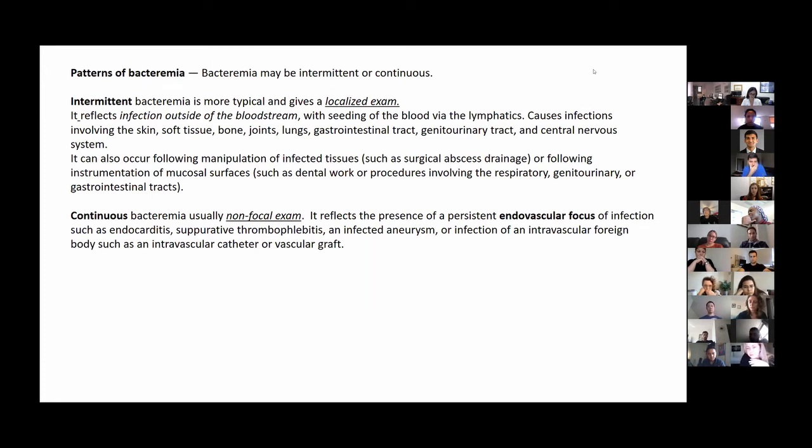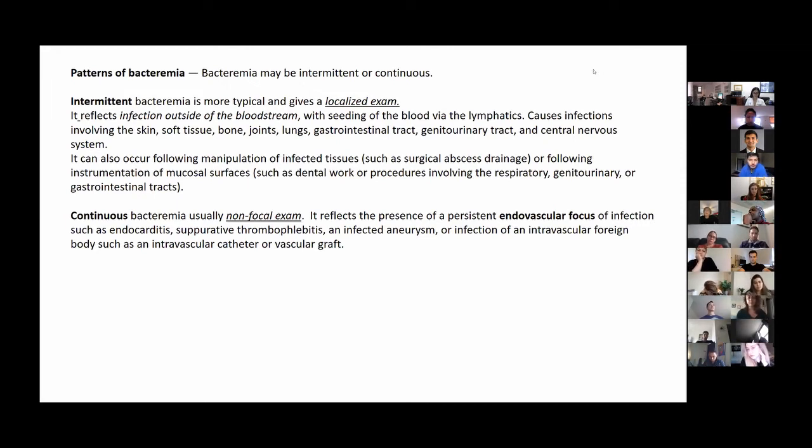So that's the more common scenario. And again, it can also follow manipulation of infected tissue. So if you're doing an I&D of an abscess, or if you're getting dental work or doing a procedure where you're biopsying, there may be a transient bacteremia. So that's the more usual. And the thing that's important is that if you can control that source, you will then resolve the bacteremia. And that will get us to when do you follow up blood cultures.